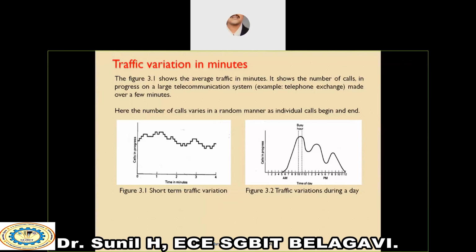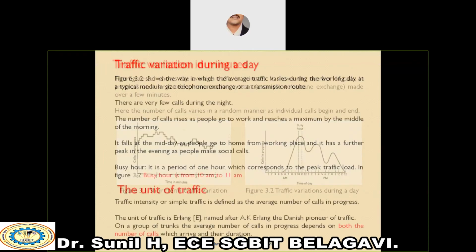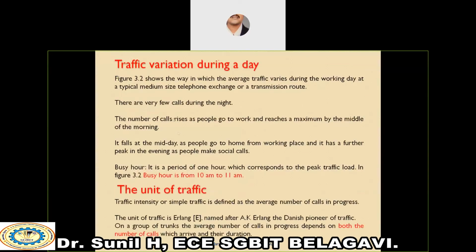Okay, we have different groups of trunks. If I want to calculate the average number of calls in progress, that directly depends on both incoming and outgoing calls at that particular duration. I'm not going to consider only the incoming calls at that moment; I'm going to consider both, incoming calls and outgoing calls.